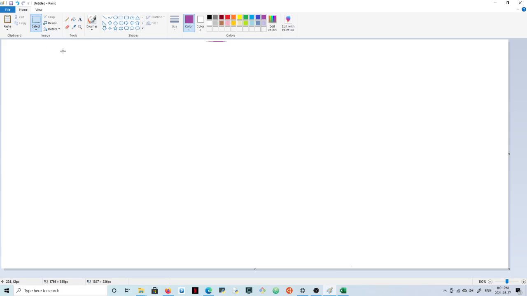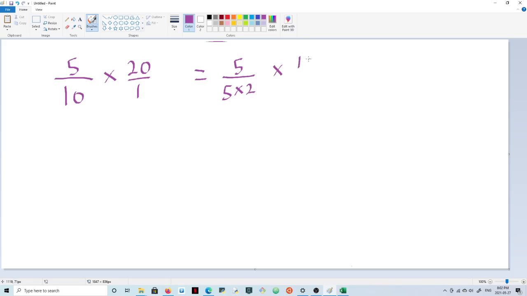Supposing you have, let's say, 5 upon 10 multiplied by 20 upon 1. What is this equal to? Now this is the same as saying 5 upon 5 multiplied by 2, multiplied by 20, and 20 is 10 multiplied by 2.